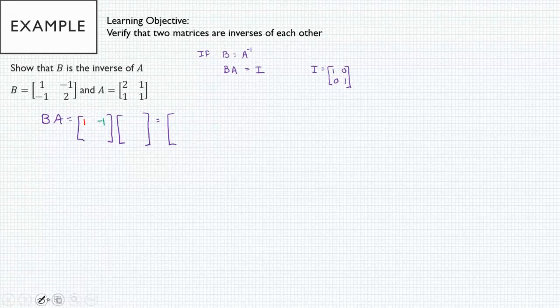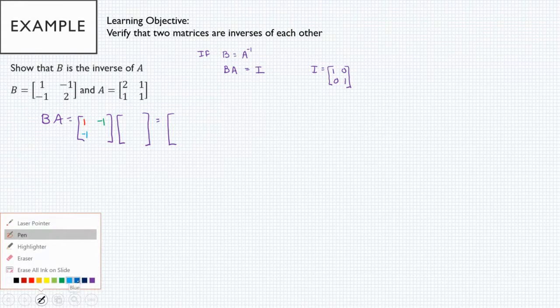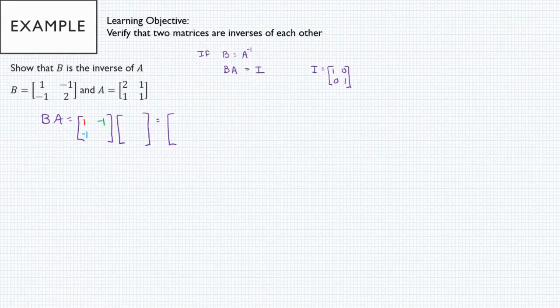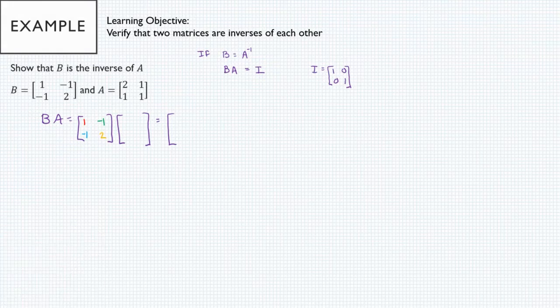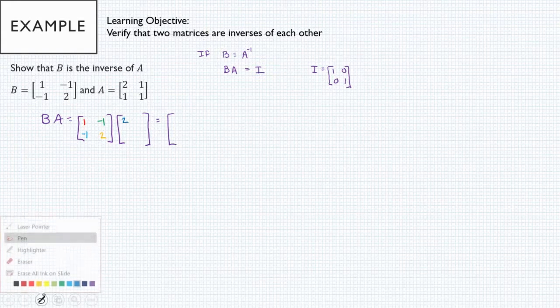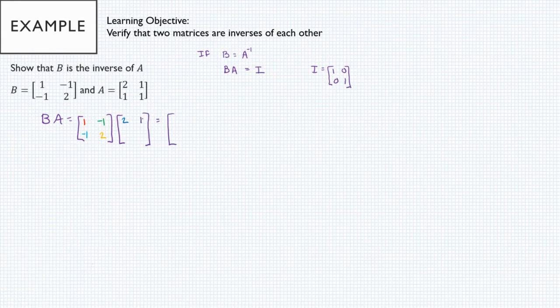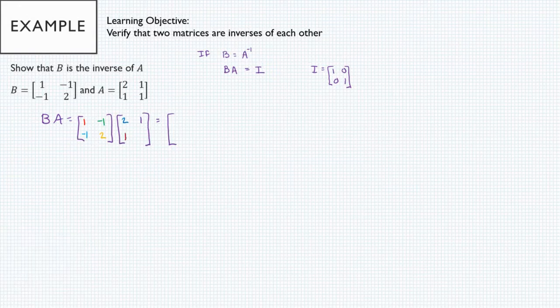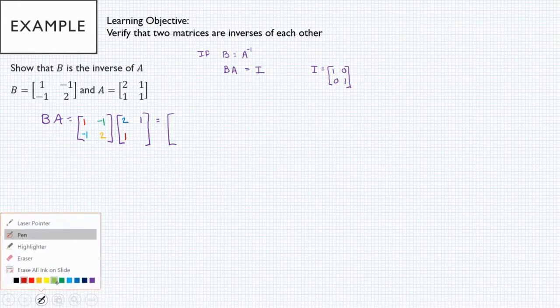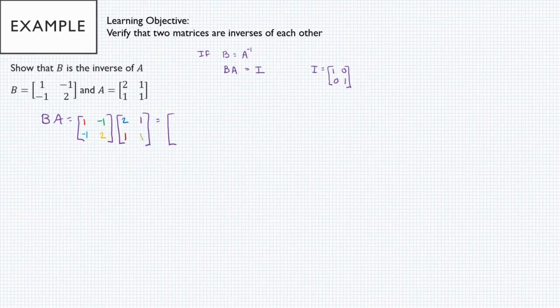We'll use green, blue, orange, a darker blue, and hopefully I have enough colors. We'll just use a regular purple for that. Got a darker red. And then I've got a light green. So I'm just trying to color code those so you can see what numbers are getting multiplied by what.